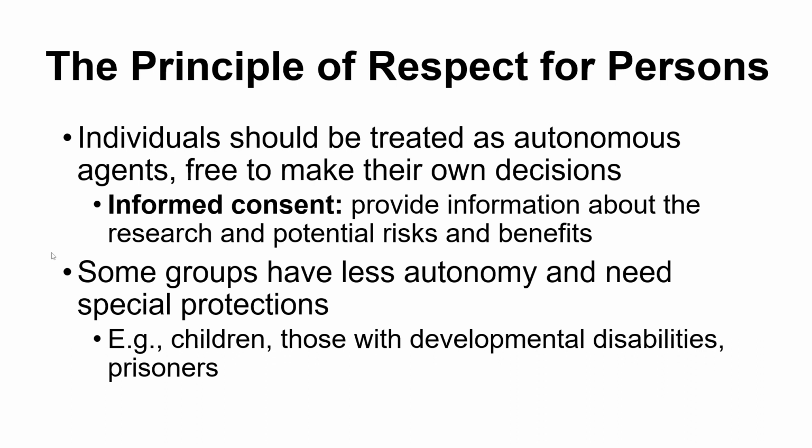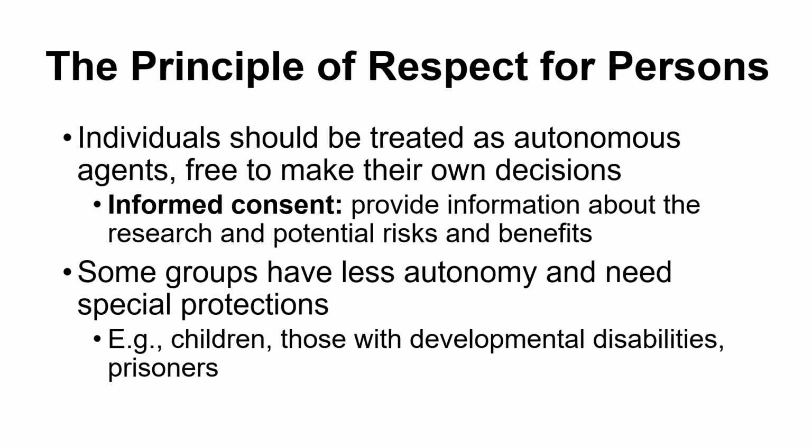So for our first two groups, we would need the informed consent of a parent or guardian. For prisoners, we have to worry about the fact that in a controlled environment with a clear hierarchy, if a guard tells a prisoner that they have a chance to participate in a study, the prisoner may agree not because they want to, but because they're worried about any pushback.